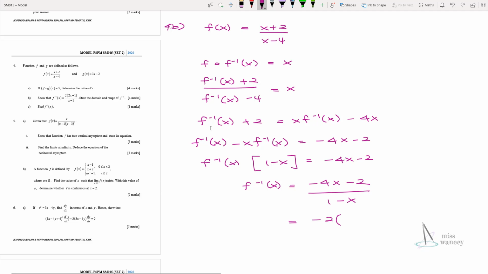So I have negative 2 times (2x plus 1) over negative (x minus 1). So cancel out the negative sign. So we will have (2x plus 1) over (x minus 1). Okay, so that is simply what we want to show over here. So now let us state the range and the domain.